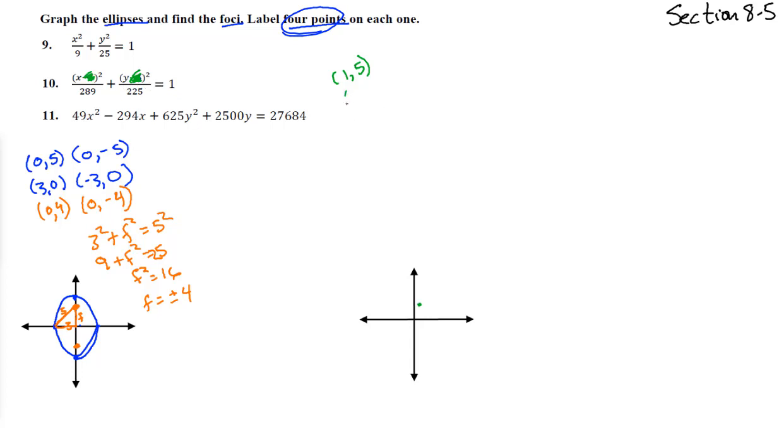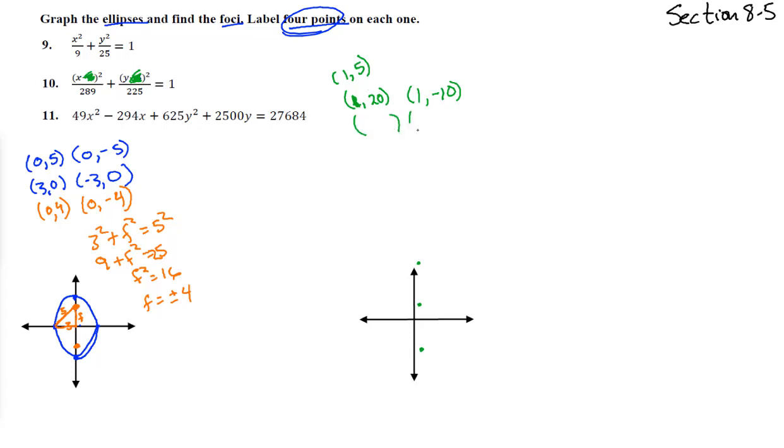It's 15. So the y's have to go up 15. Oop, that's a 1 and a 20. And then down 15. 1, 5 minus 15 is a negative 10. So 1 up 15 and down 15. There we go. And those are the 2 points there.